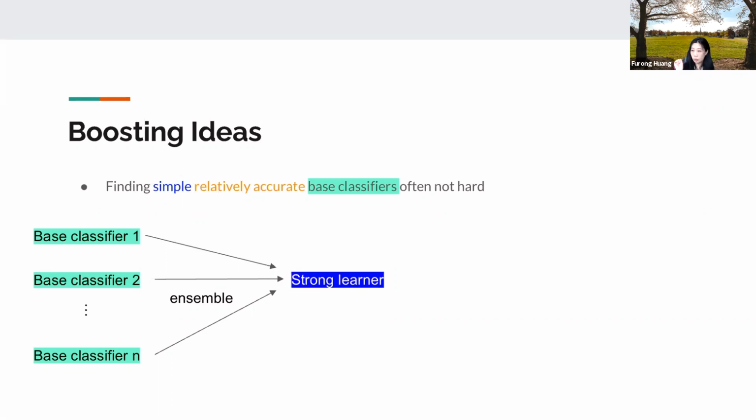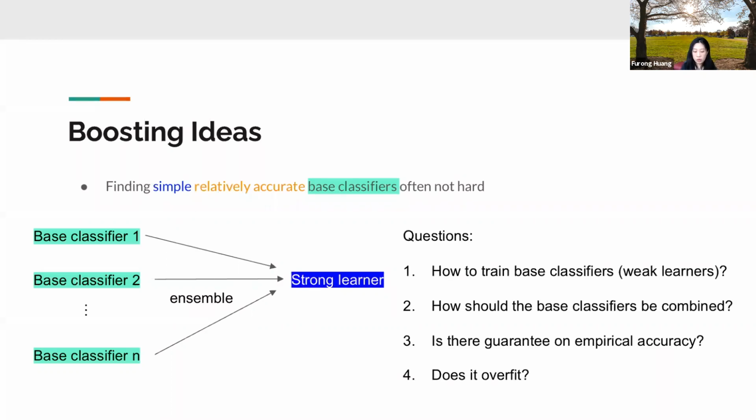So it is a smart way of ensembling. And how you design these base classifiers is also tricky. It's not a simple thing in order for you to achieve desirable theoretical performance. But anyhow, you have these smart ways of designing these base classifiers, you ensemble them in a smart way, and essentially you get a strong learner, okay?